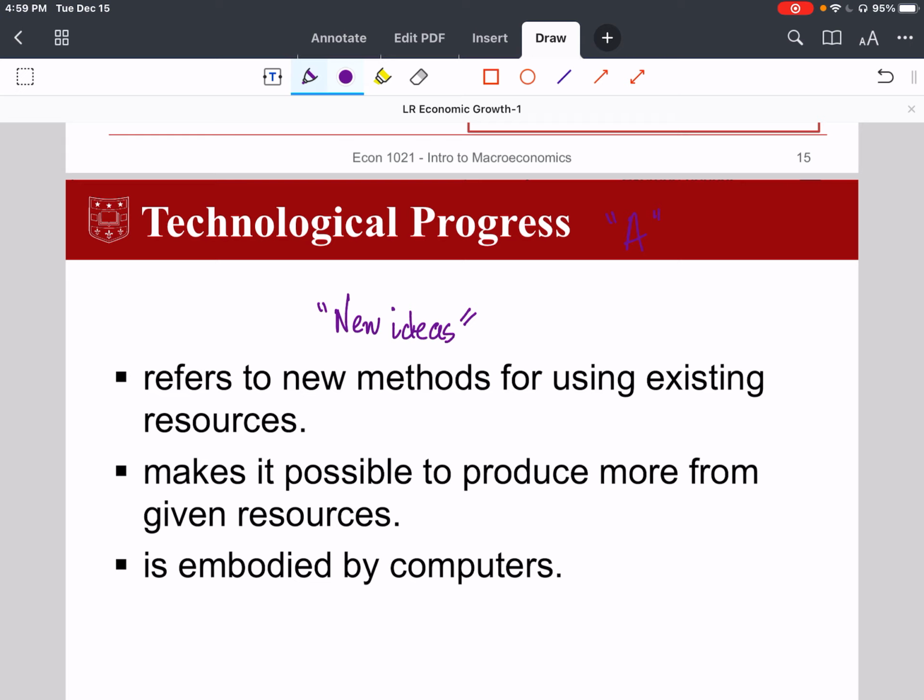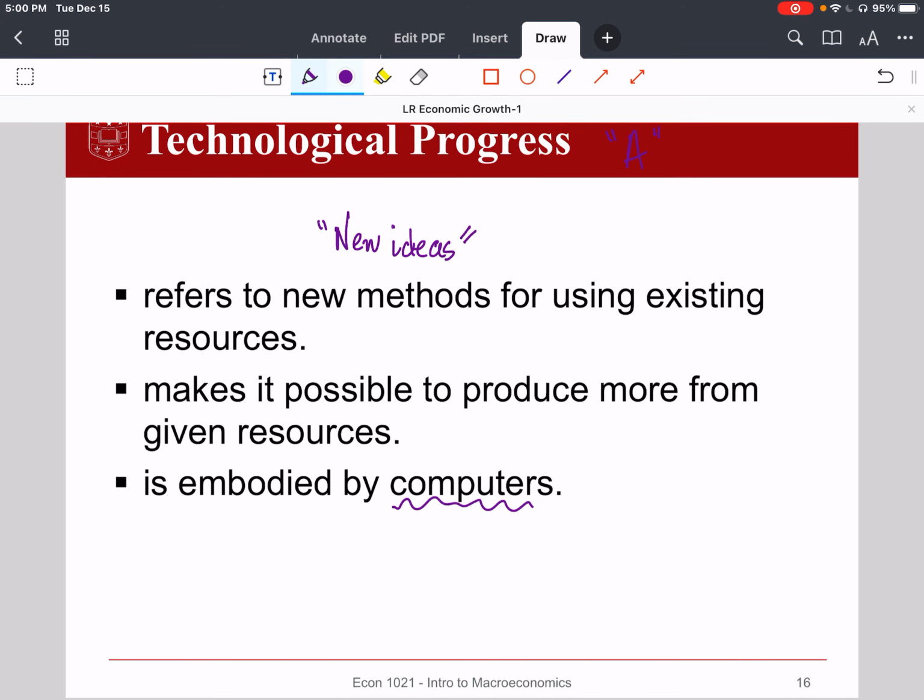We tend to think about technological progress as literally being the computer, but the computer is an embodiment of technological progress. I think it was interesting in the textbook that the authors were like, yeah, computer chips, silicon, sand. We've had sand for a long time, but it took really clever people to figure out how to move from building sand castles to building computers. And that's what we mean by technological progress. We're looking at new ideas, new methods for repurposing and using existing resources, or new ideas about how to develop even more resources.